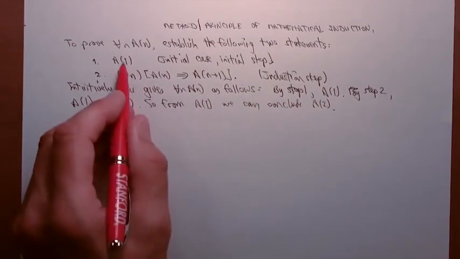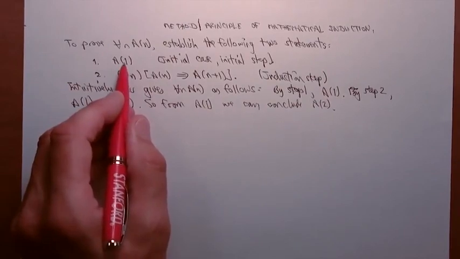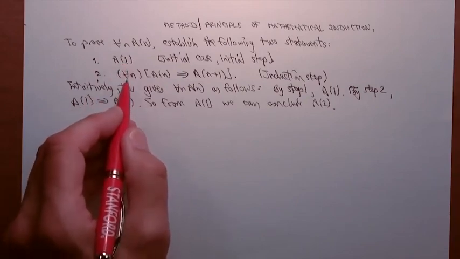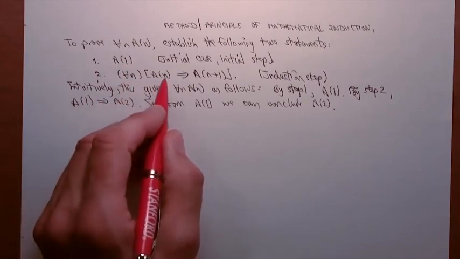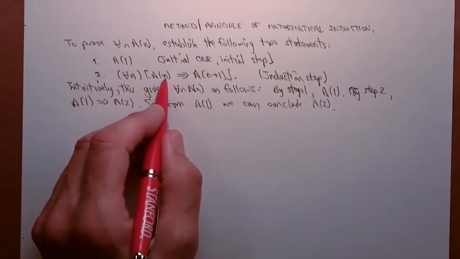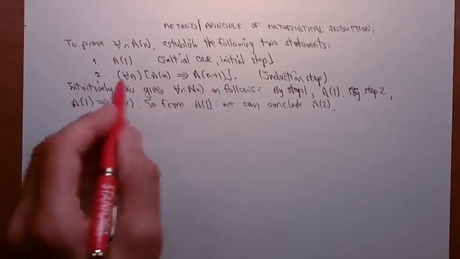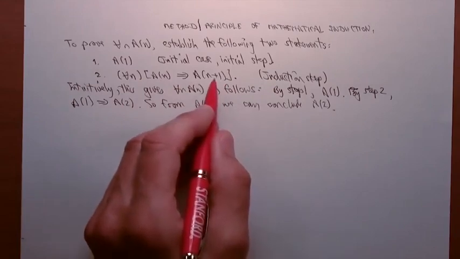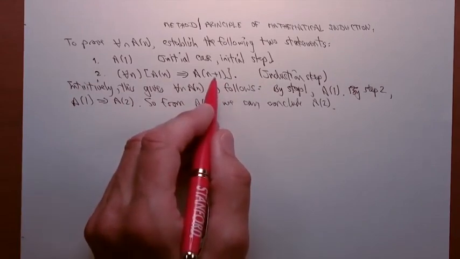Okay, we begin by proving the initial step. So if we've proved A of 1, then we know that one's true. We can now apply the induction step in the special case where n equals 1. And having proved this, if we have A of 1, we can conclude A of 2. Then we can do the same thing again.